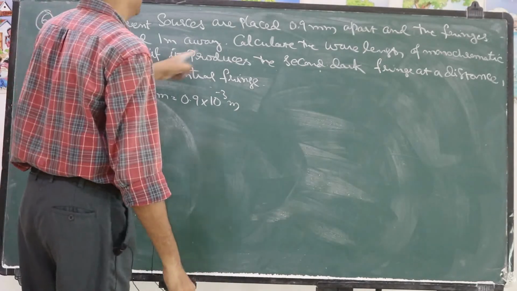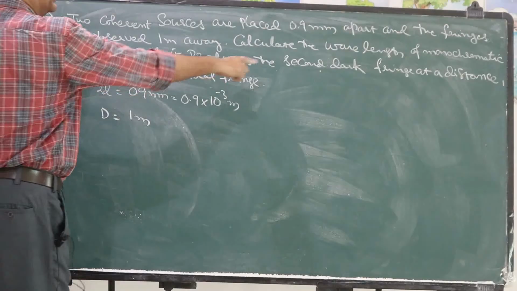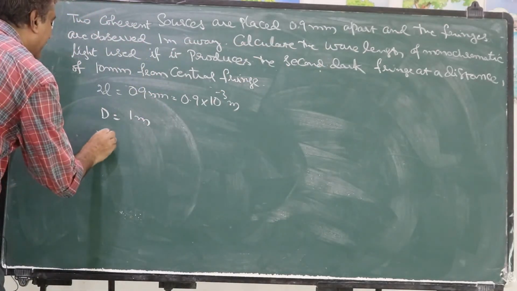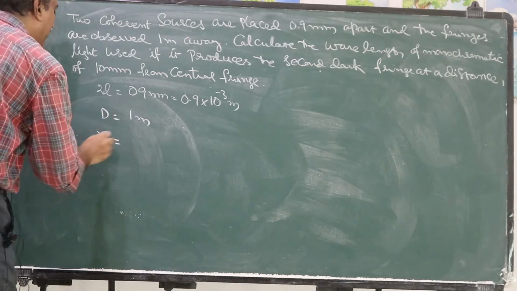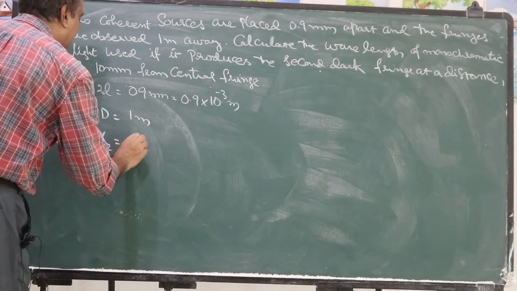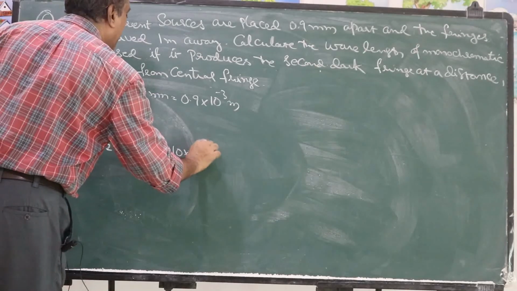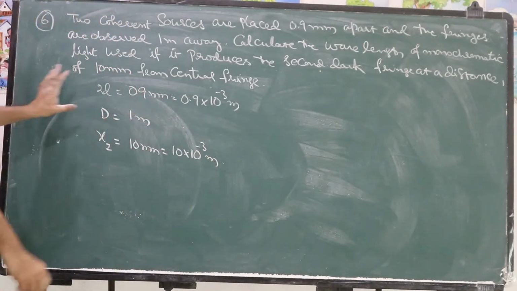Given x2 of dark is 10 millimeter, that is 10 into 10 power minus 3 meter. So these are the given data.